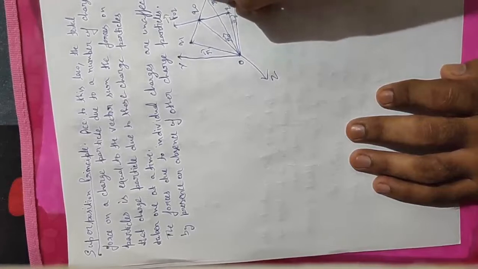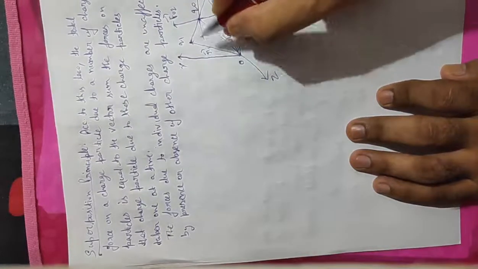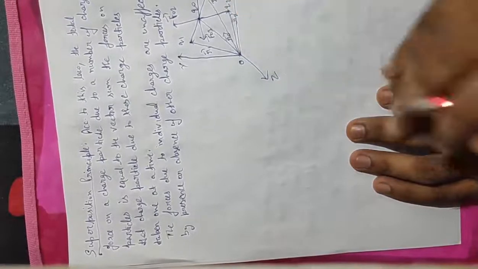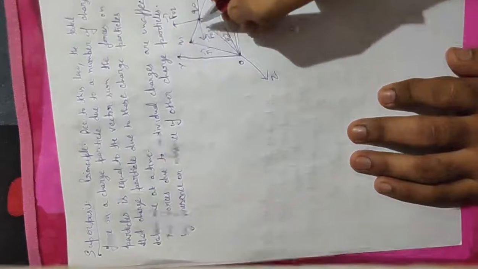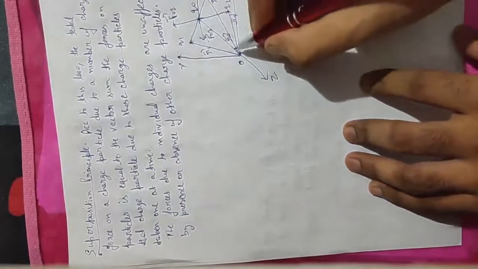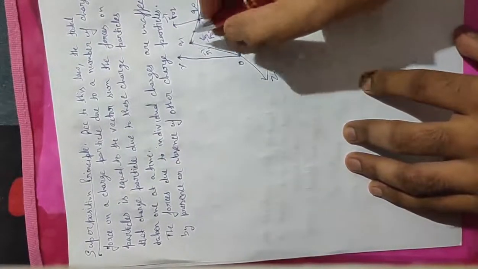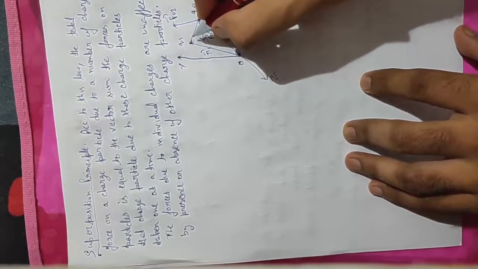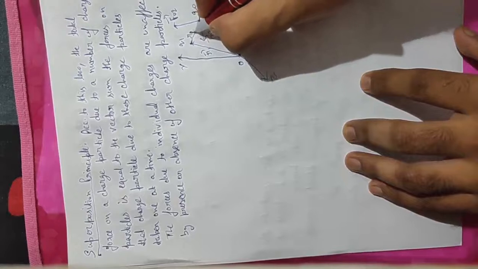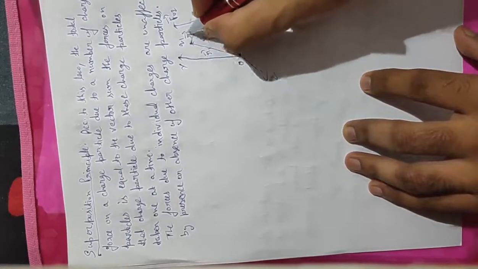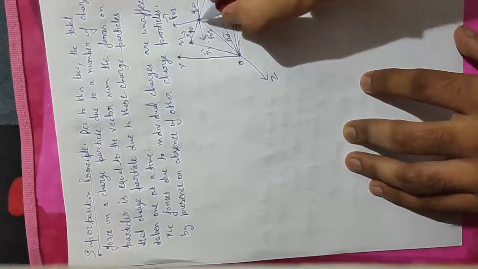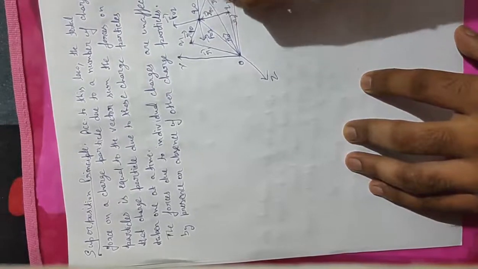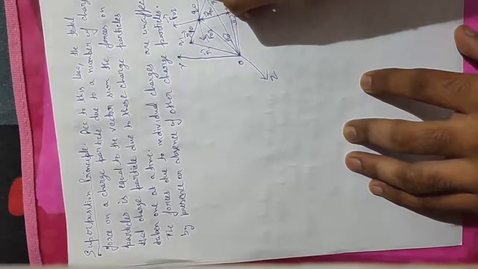Similarly, Q3 will exert a force on this charge particle in this direction, that is F03 vector. What are these displacement vectors? From Q1 to Q0, this is R1 naught vector. Similarly, this will be R2 naught vector, and this will be R3 naught vector.